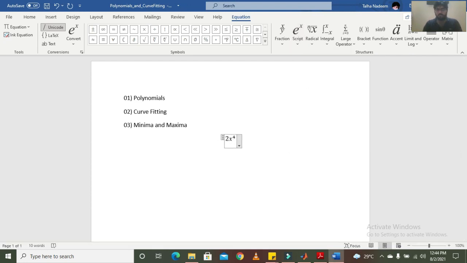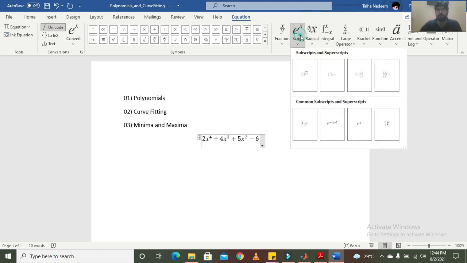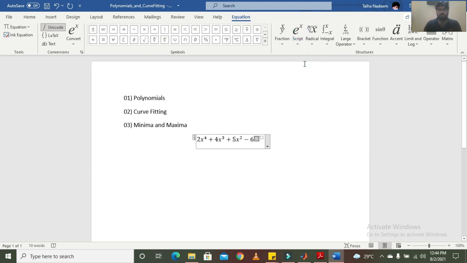2x to the power 4 plus 4x to the power 3 plus 5x to the power 2 minus 6x to the power 1.